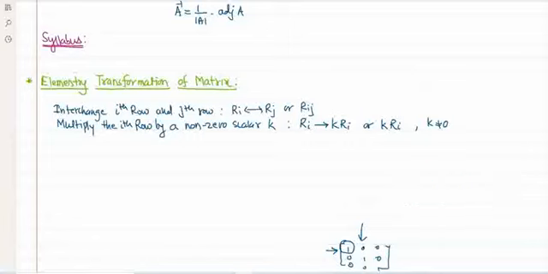Similarly, we can extend the concept to the column. When you are saying interchange of any two rows as per our requirement, at the same time we can interchange any two columns. The second property says that multiply any row by a non-zero scalar, and similarly multiply any column by a non-zero scalar.